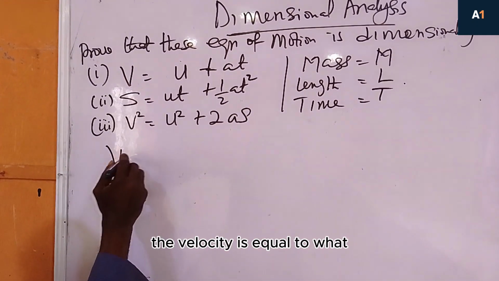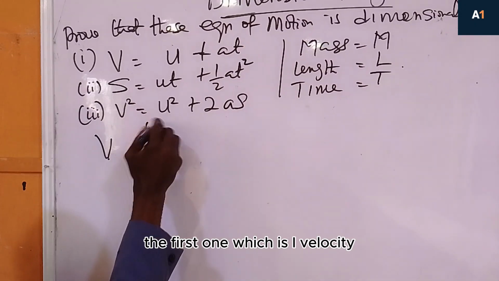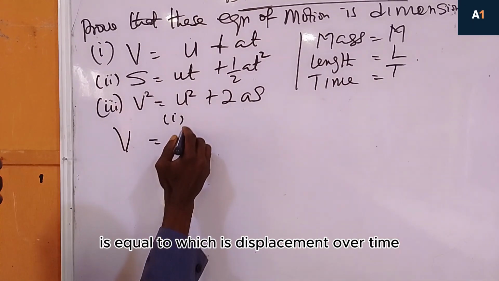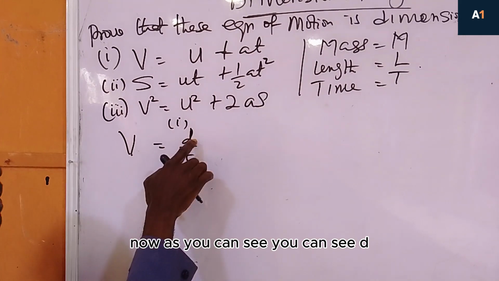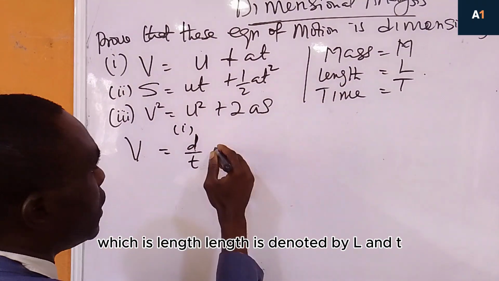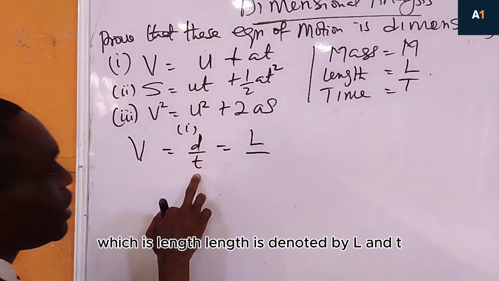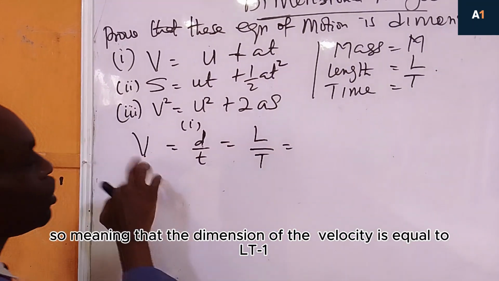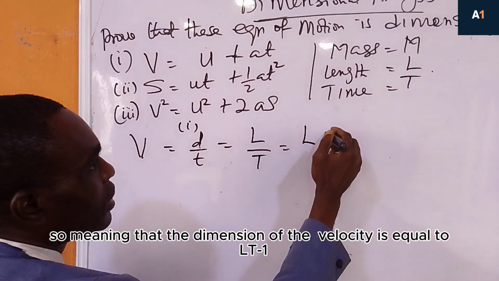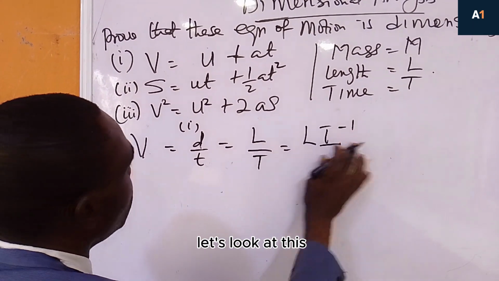The first equation is v = u + at. Velocity is equal to distance, which is displacement, over time. Length is denoted by L and time is denoted by T, meaning that the dimension of velocity is LT^-1.